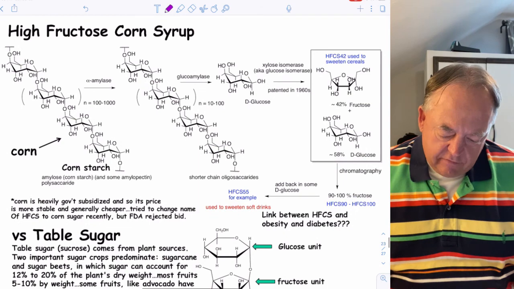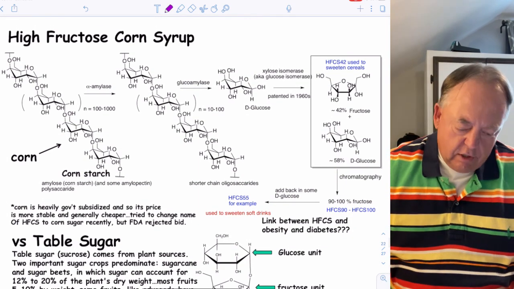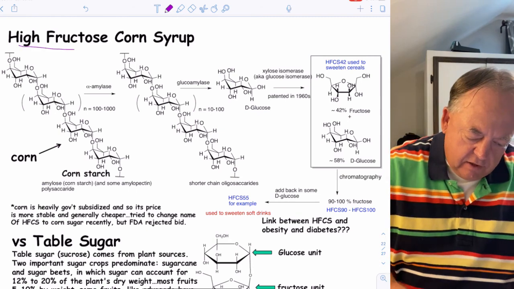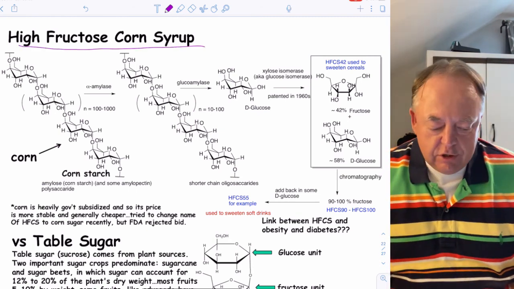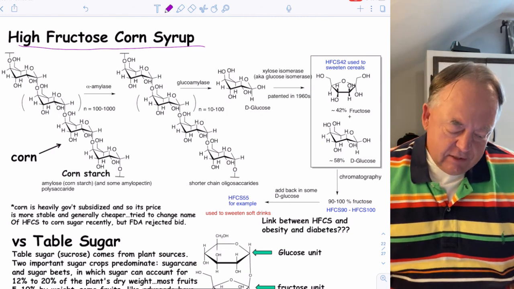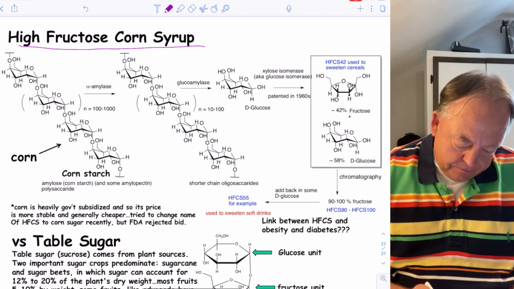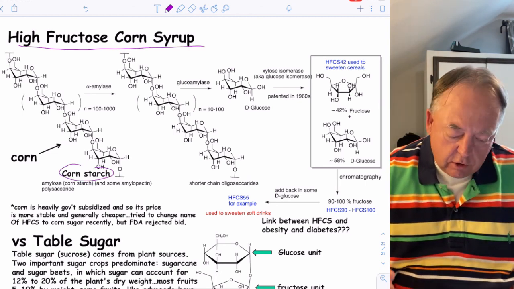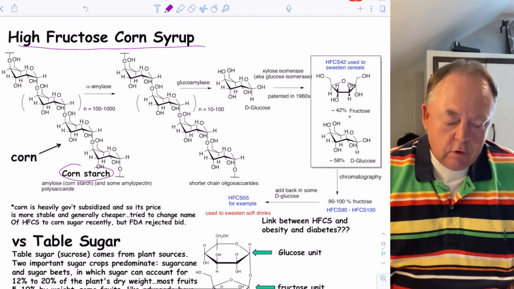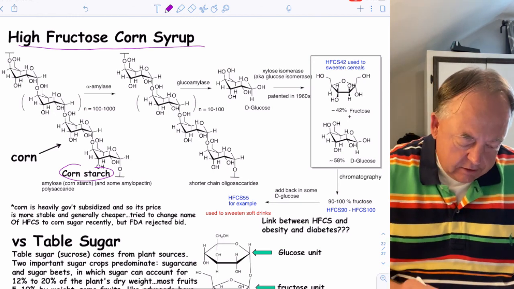Okay, so just a little diversion here, just to show you how some of this relates to real-world chemistry. So if you're paying any attention to nutrition, you probably have heard of high fructose corn syrup before. So what is high fructose corn syrup? So corn starch is just a polymer of glucose with these alpha-1,4 glycosidic bonds.